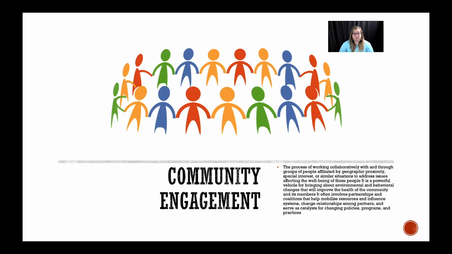It is a powerful vehicle for bringing about environmental and behavioral changes that will improve the health of the community and its members. It often involves the partnerships and coalitions that help mobilize resources and influence systems, change relationships among partners, and serve as a catalyst for changing policies, programs, and practices.